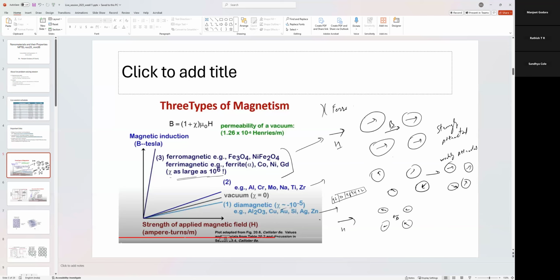The susceptibility is very small, so compared to this one, it is very small, and it is very easily repelled. And the magnetism is due to just the spin of individual electrons, not the orbital motion.